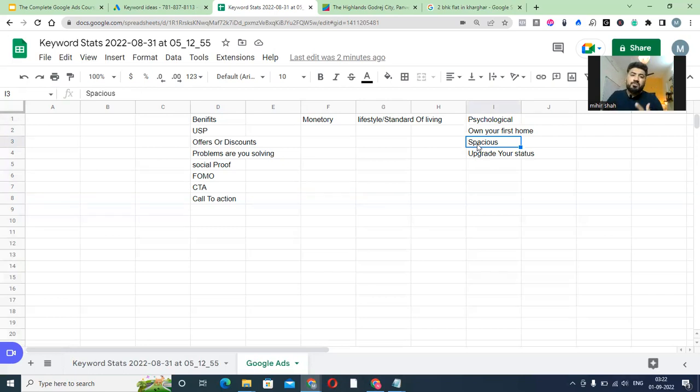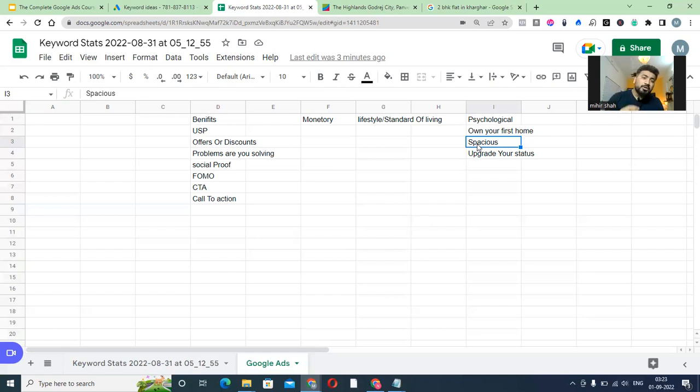Like my first bike, my first car, my first iPhone, because iPhone is a luxury product. Whenever I am owning something which is owned by a very small number of people, that's when I get a sense of pride. Now, home everybody has, but owning your home, we usually live in our parents' home, but when we buy our first home, that sense of pride is something that we need to highlight.